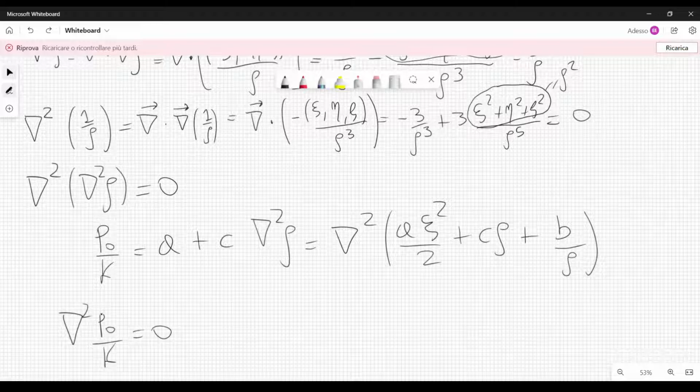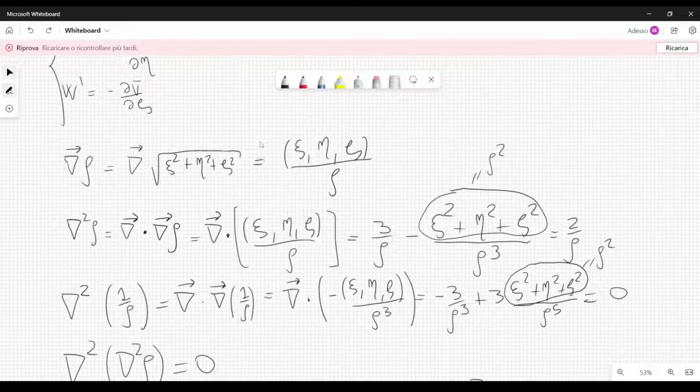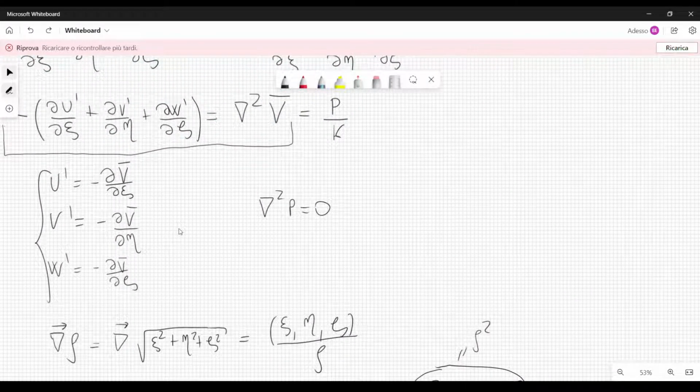So this is a solution because p0 written in this form is a solution to our problem, because remember that we want to find the Laplacian of pressure equal to 0. This is what we want to solve.